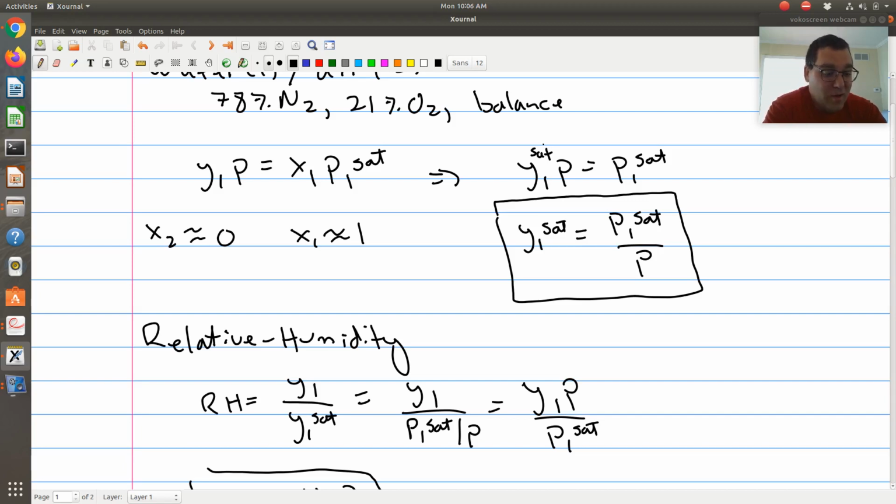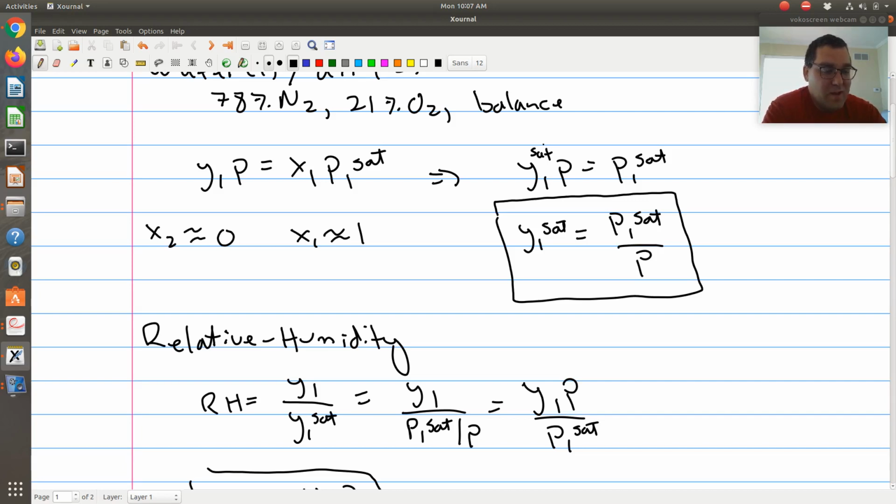So essentially, relative humidity is less than 1. There's a driving force for that liquid water to go to the vapor phase, and it vaporizes, and that's going to remove heat equal to the enthalpy of vaporization from you.